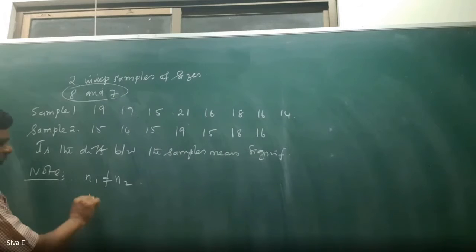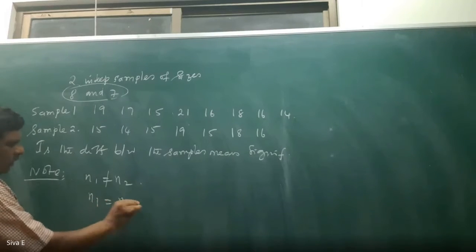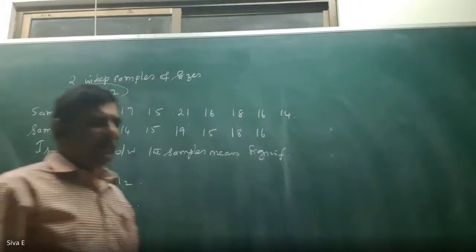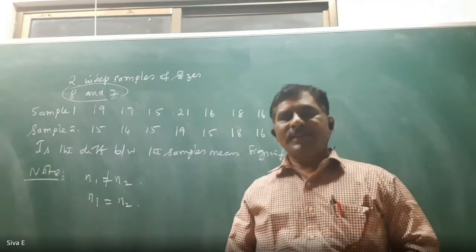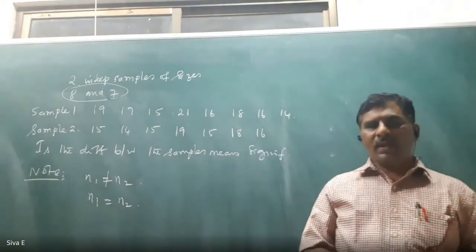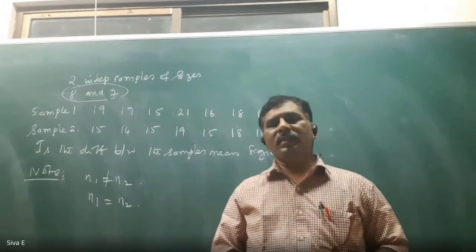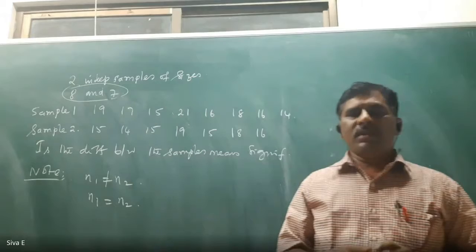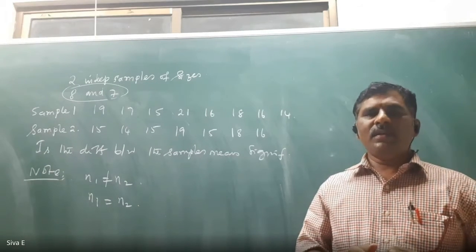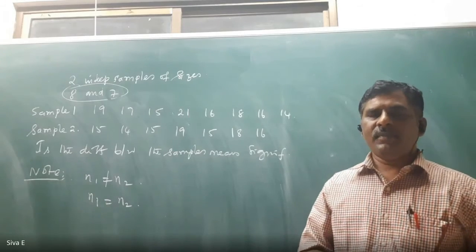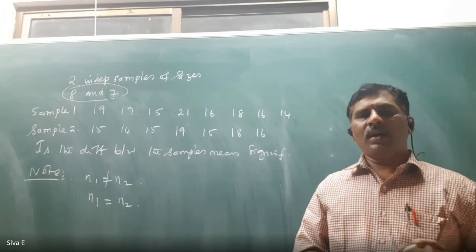N1 equal to N2 is compulsory for the dependent sample because we are taking from the same population. For the independent sample, that is not necessary.